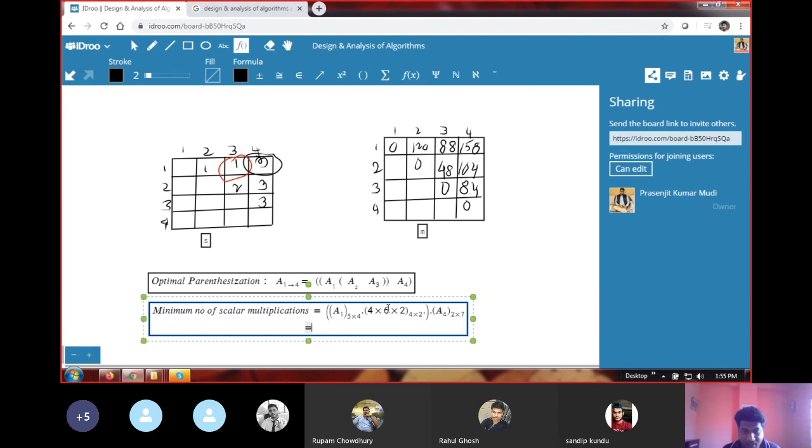So 4 into 6 is 24, into 2 is 48. 5 cross 4 is getting multiplied with 4 cross 2.